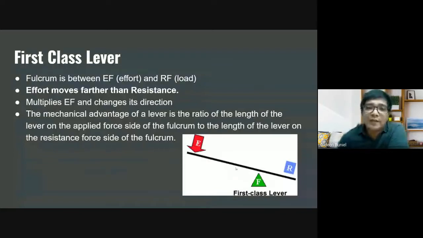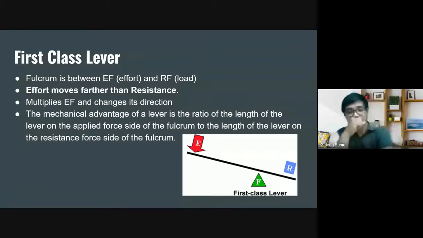If you can still remember, when using a seesaw, it is much easier if the fulcrum is in the middle, right? Because the force exerted is not as much compared to when the fulcrum is on the end of the seesaw. So that's one example of how you can imagine it.